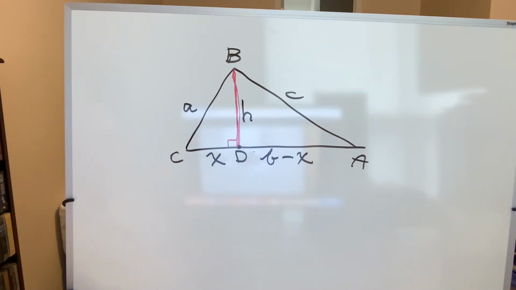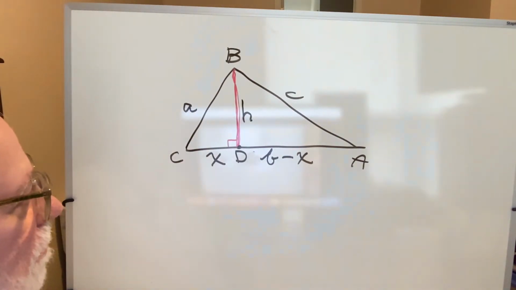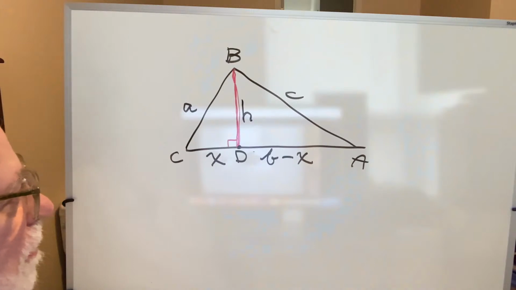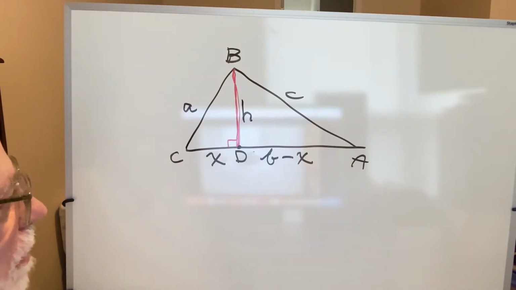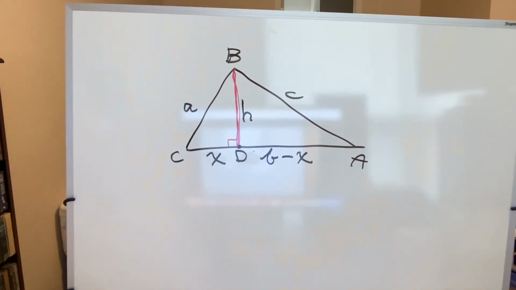What we want to do now is relate these variables. So we rely on the Pythagorean theorem, of course, because the Pythagorean theorem is a special case of the law of cosines.